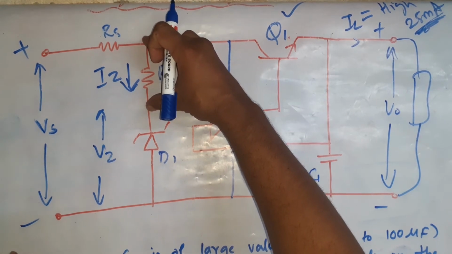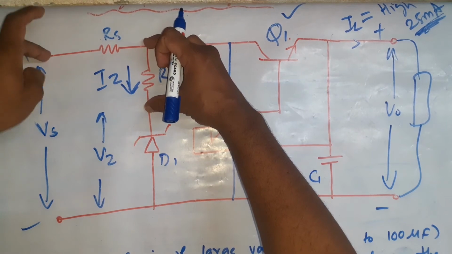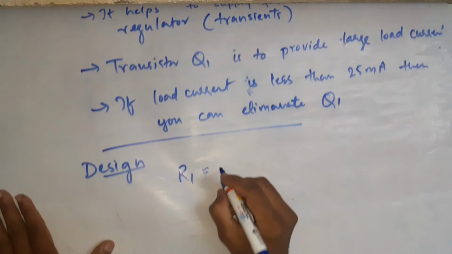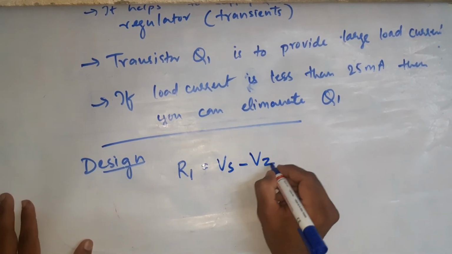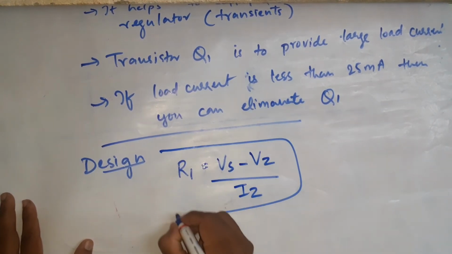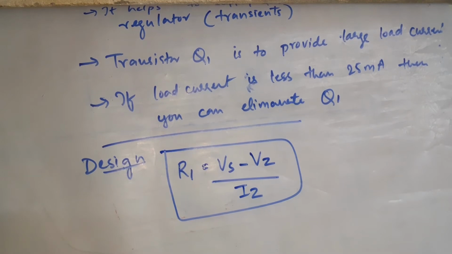The voltage here is supply voltage minus VZ. Supply voltage is Vs. This voltage minus this voltage is the available voltage for R1. So I can write R1 equals supply voltage minus the VZ voltage, divided by current IZ. This is how you can get the value of R1.